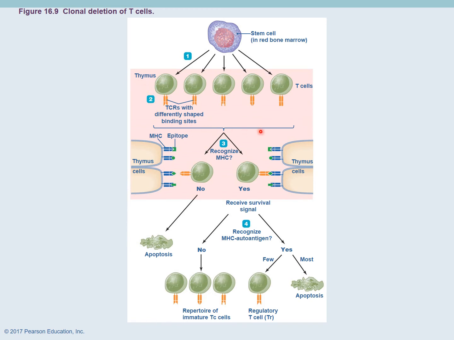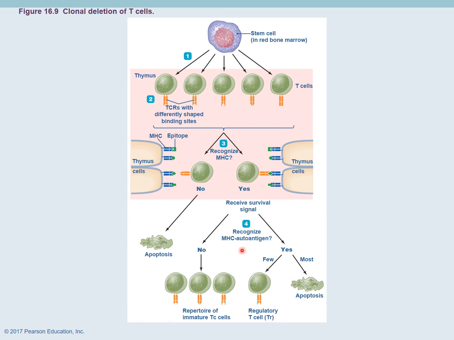Now step 3 is the process by which, okay, can you recognize the major histocompatibility complex that's shown to you? If the answer is no, I can't recognize that, cell death. If you can recognize it, then okay, great.